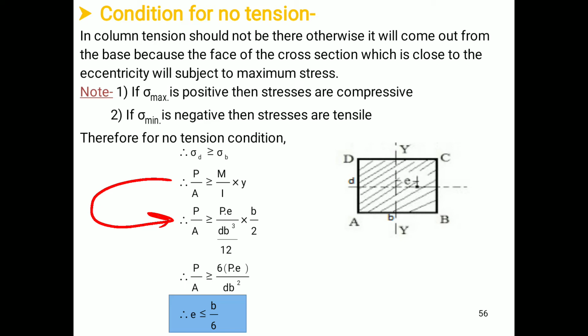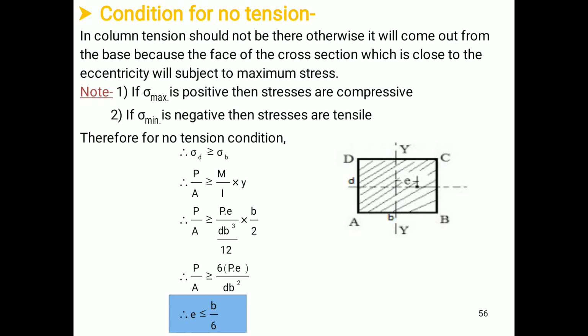Okay, so P is the force, and for the force the perpendicular distance is e, which is the eccentricity. So the moment will become P into e. We have the value of I, it is d b cube by 12. Now our load is eccentric about the YY axis, therefore we have considered I YY, so it is d b cube by 12.